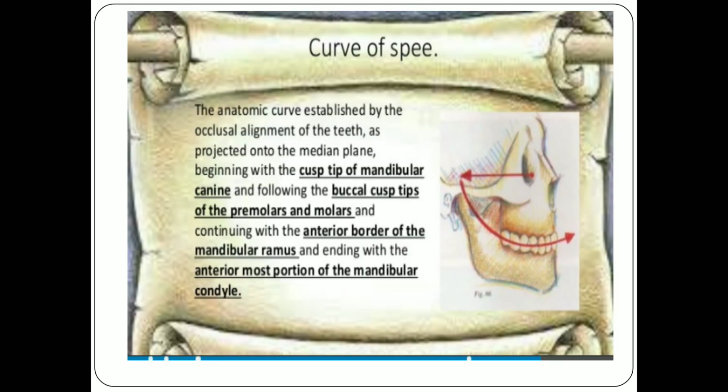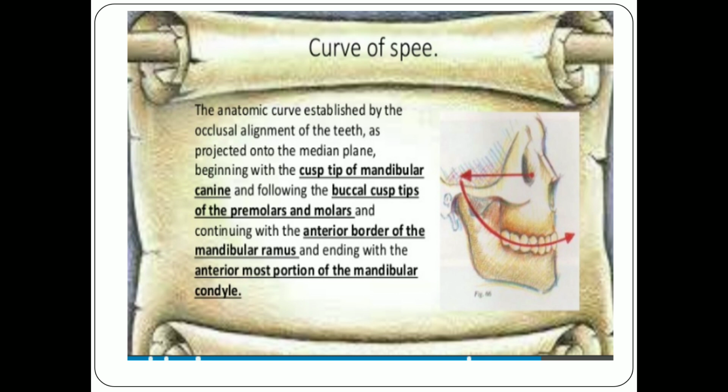Then coming to the curve of Spee. Don't write all the definitions that some will write, like curve of Spee means a curve which forms by all the posterior cusps touching. All those things you don't write.